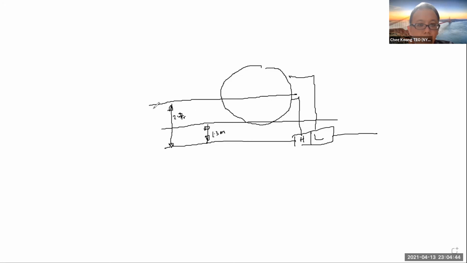And then you have a HV, which is 3.75, at this end here, to the reference. This is actually 3.7 meter. Okay, so it's 1.3, 2.7, and 3 something meter.